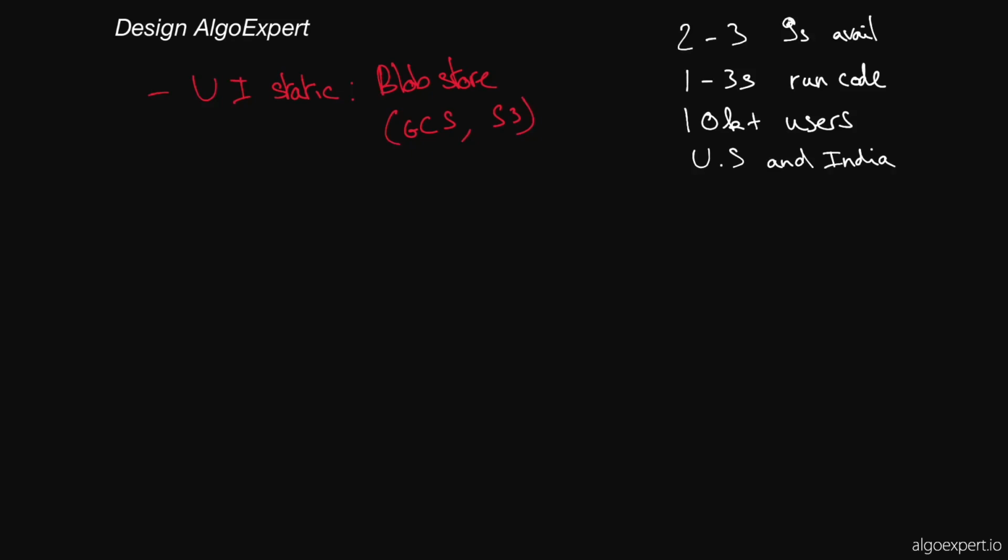Okay, so then I'll actually write this down. So we said it's stored in a blob store, and then we'll have a CDN to serve it, and here I'll put Google Cloud, so GC CDN. GC CDN will be Google Cloud CDN, or I guess Cloudflare.